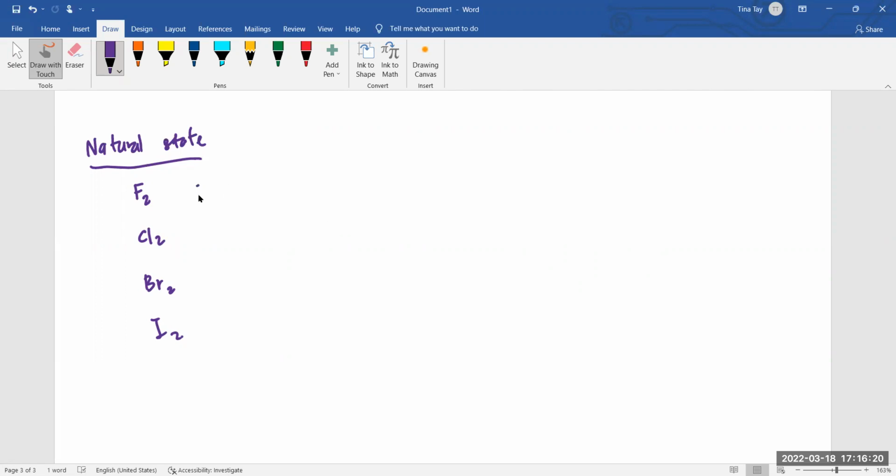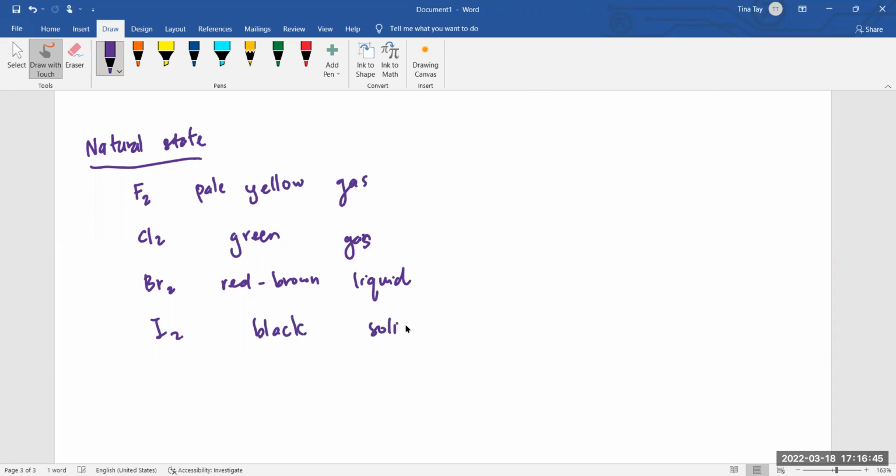Fluorine is a pale yellow gas. Chlorine is a green gas. Bromine is a red or brown liquid, depending on how concentrated it is. And iodine is a black solid.